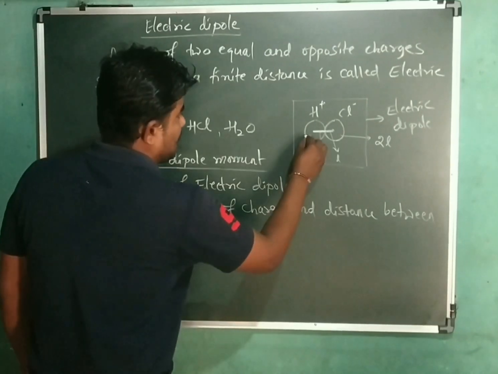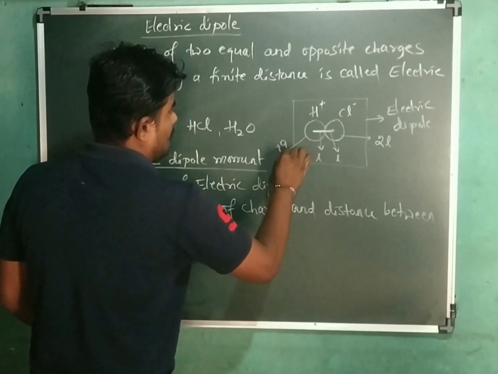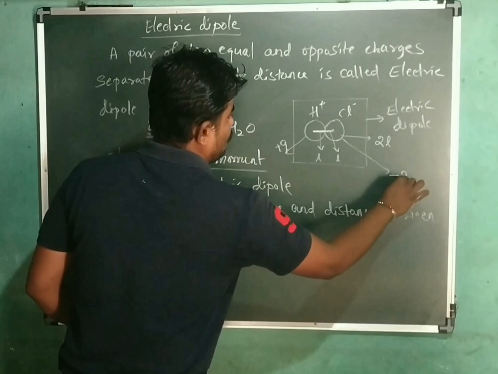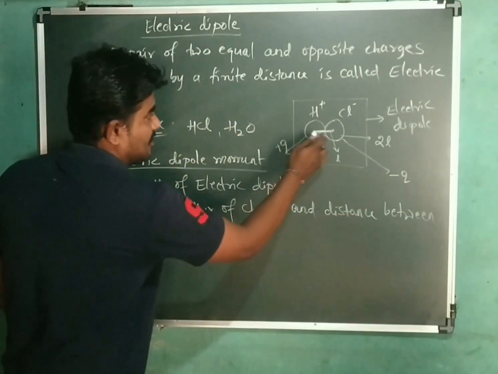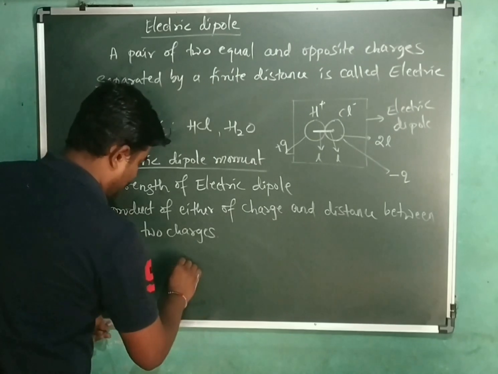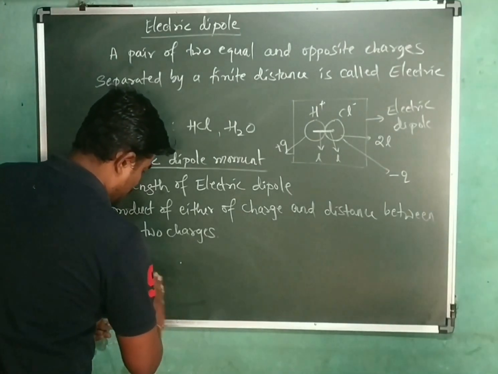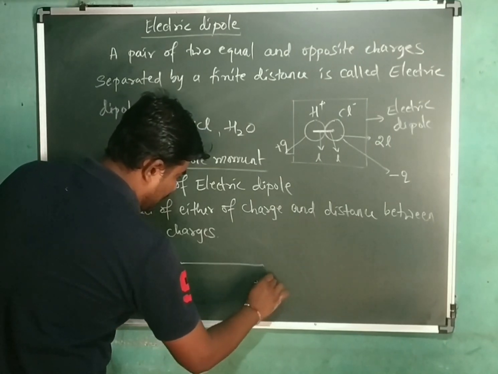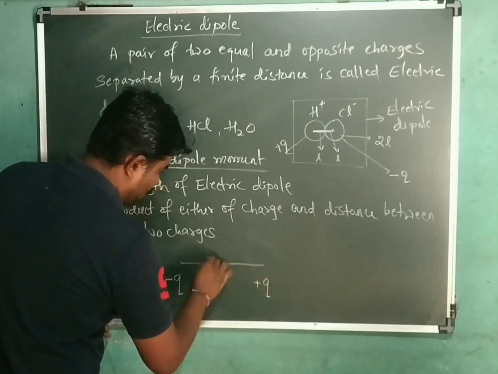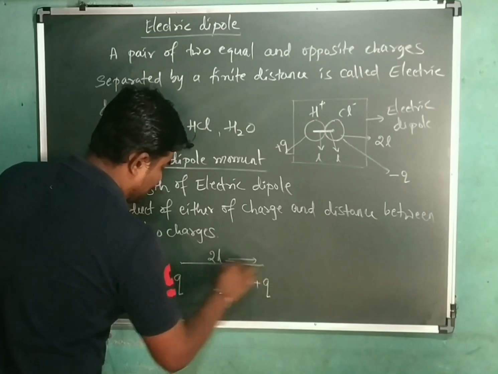Imagine this is plus q and this is minus q. The magnitude has to be the same, and the separation is how much? 2L. I can rewrite here: consider a charge minus q and here it is plus q, and these two charges are separated by distance 2L.